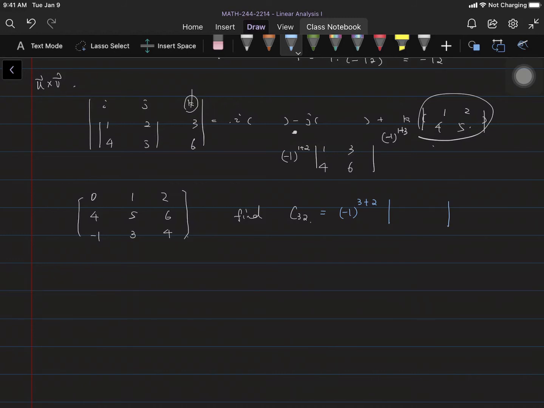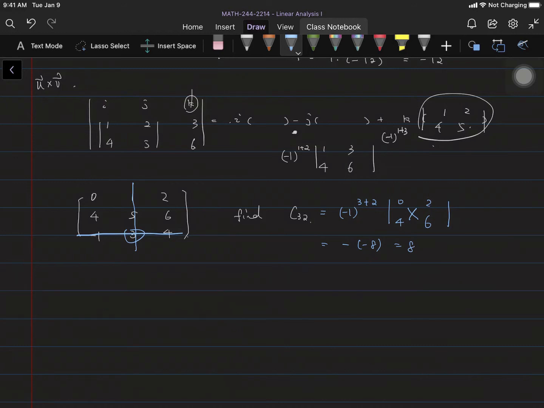Let's find it. Third row, second column, so it should be this number, right? Third row, second column. And what's left? 0, 2, 4, 6. Calculate. So it should be negative. Here it should be 0 minus 8. This is C32.